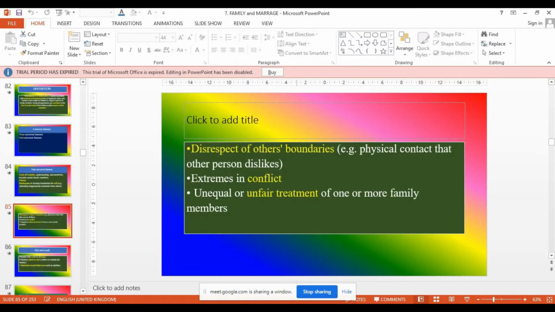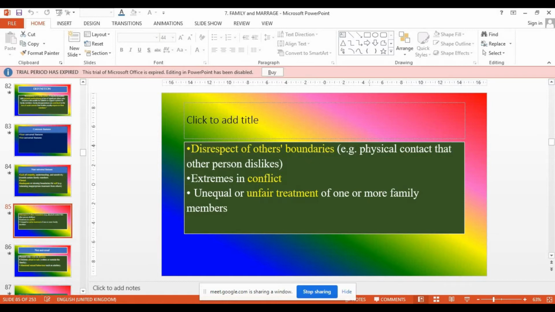Next, destruction of others' boundaries. For example, husband and wife are two individuals. They each have their own physical condition, mental status, likes and dislikes.